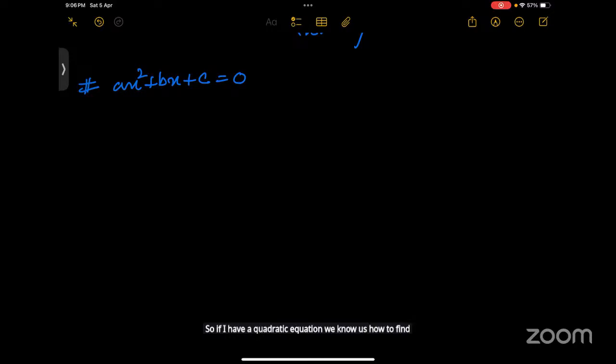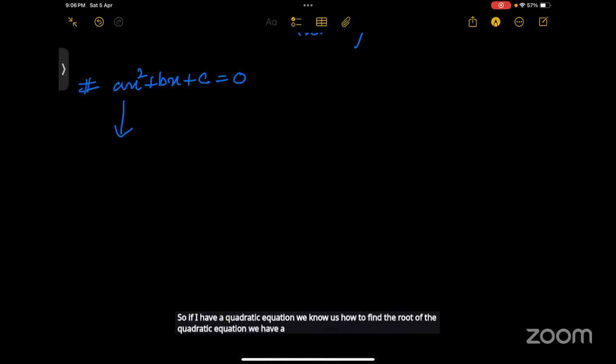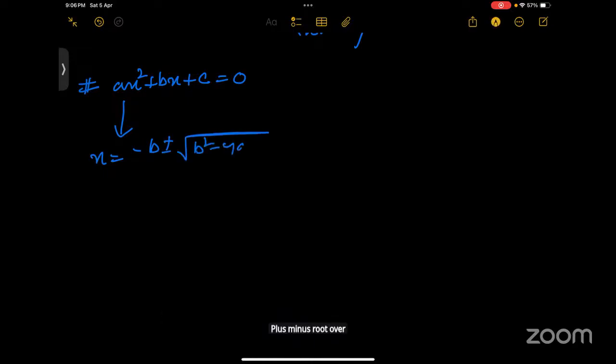We have a one-step formula for that, right? x equals minus b plus minus root over b square minus 4ac, divided by 2a. This is the formula to find the root of a quadratic equation.